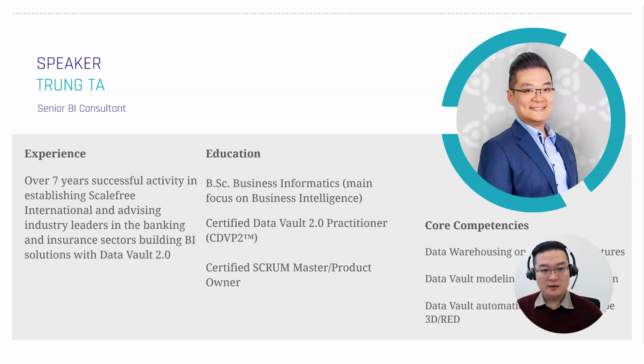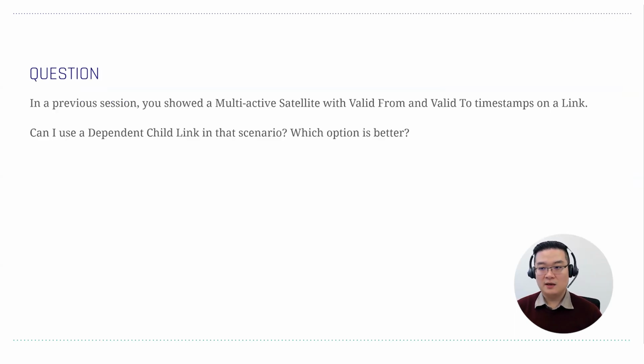So I'm very happy to present to you today a question from the audience from the last time. One of our previous sessions was about multi-active satellites, and in there we had an example with a multi-active satellite with valid from and valid to timestamps hanging off of a link.